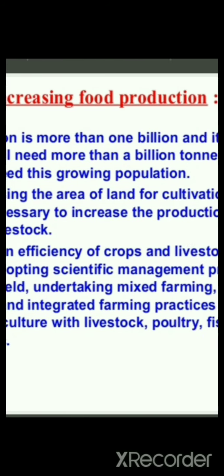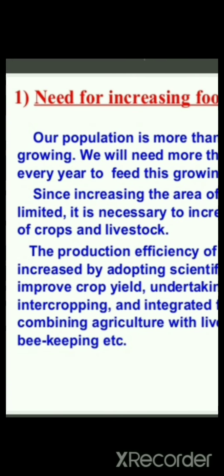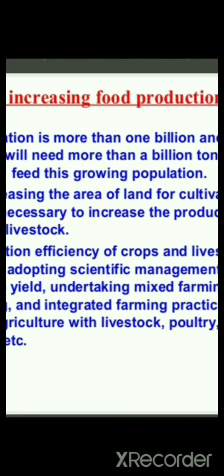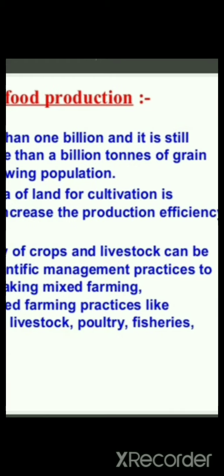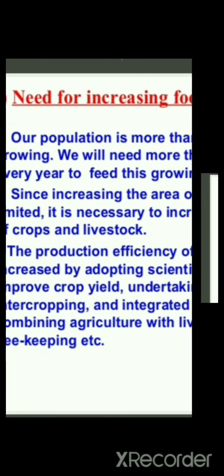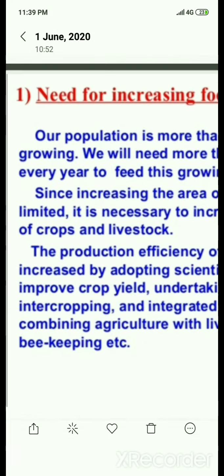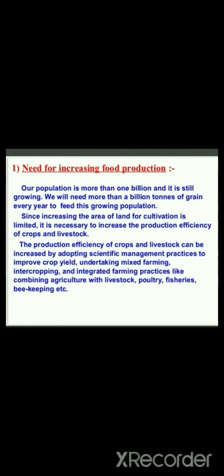Undertaking mixed farming, intercropping, and integrated farming practices like combining agriculture with livestock, poultry, fisheries, and beekeeping.